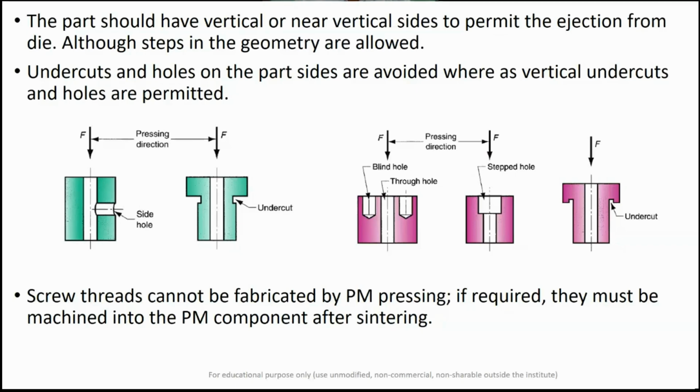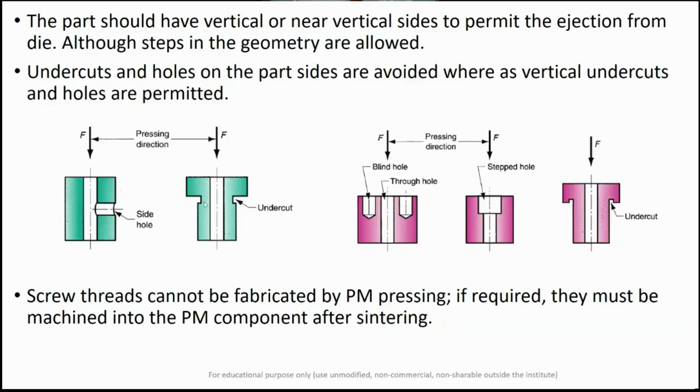Somehow, suppose you have produced the side hole by some method, for example with a sliding mechanism, then it will create a problem during the ejection. So the side hole is not allowed.